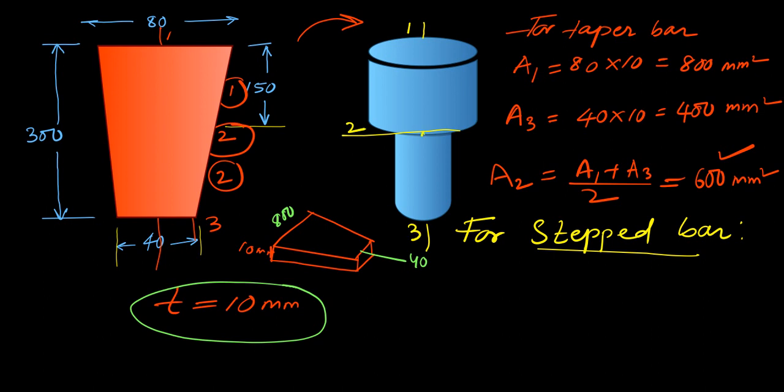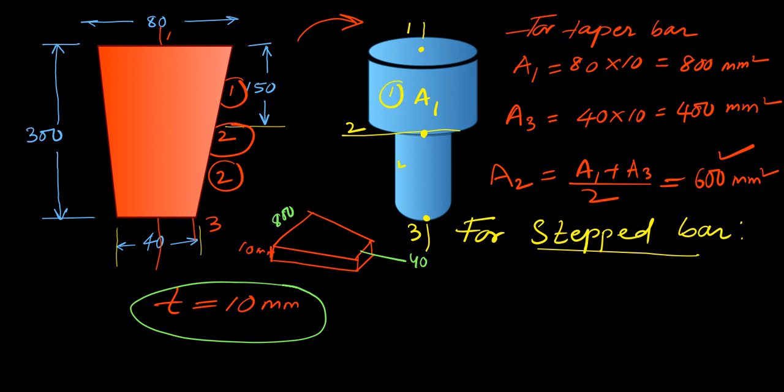Okay, so what will be the cross section area? Now it is a uniform cross section area, it is not a taper. Now we have to calculate the area for each entire element. Let us say this is element 1, this is element 2.